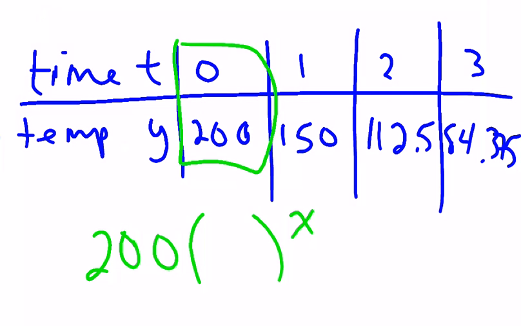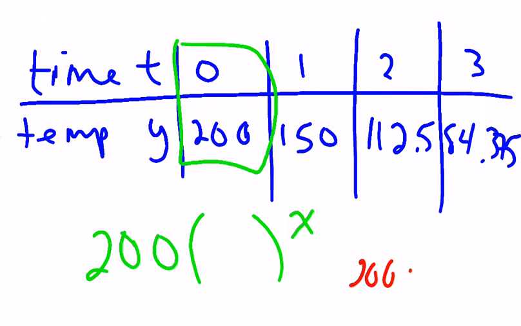Now we have to look and see how they got that number, because notice when they plug in 1, they get 150. Anything to the 1 power is itself, but we also have this multiplied by 200. So the question we are asking ourselves is, what times 200 equals 150?